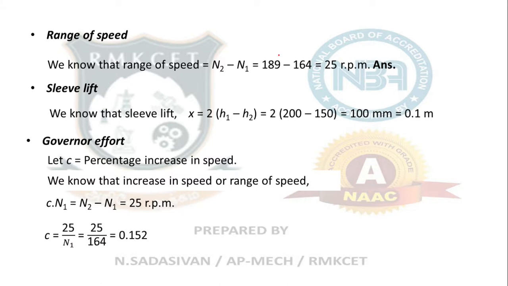Percentage of speed, range of speed N2 minus N1 by N1, where N1 is the base value, comes around 15.2 percent. Which means 189 is equal to 1.152 into 164, 15.2 percent greater than the N1 rpm. So the percentage change in speed is 15.2 percent, or 0.152 for calculation.